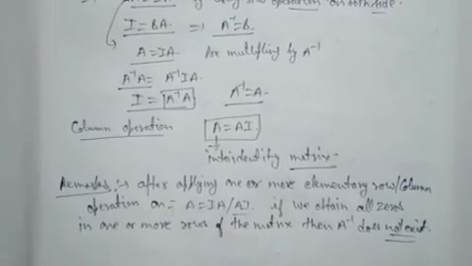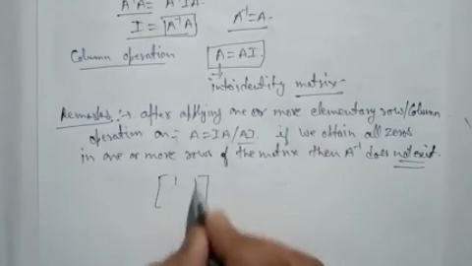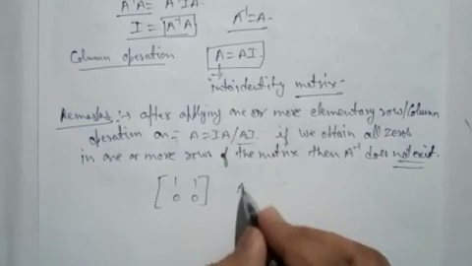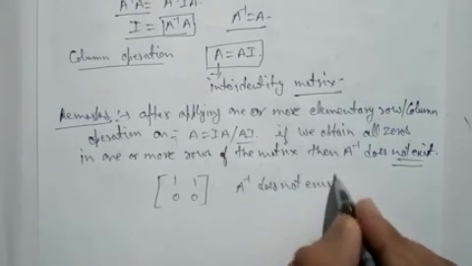Exist नहीं करेगा. For example, if we change the matrix, then we can obtain like that. So A inverse does not exist.